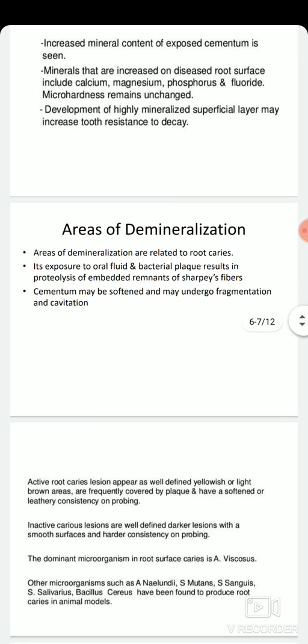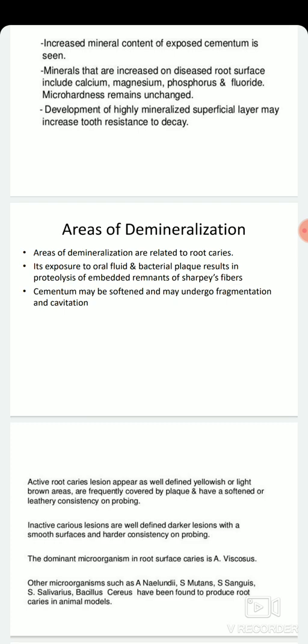Coming to areas of demineralization. Demineralization areas are related to root caries. More than enamel caries, root caries is more demineralized, and its exposure to oral fluid and bacterial plaque results in proteolysis of embedded remnants of Sharpey's fibers.